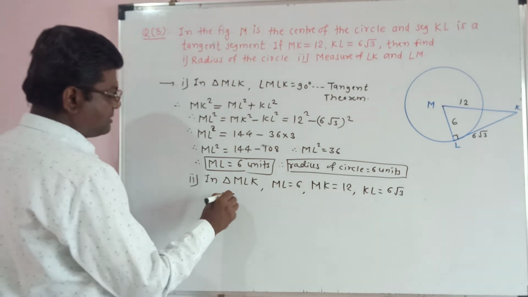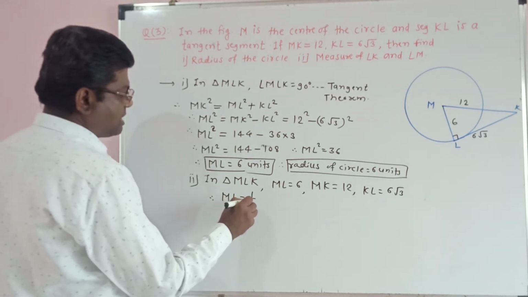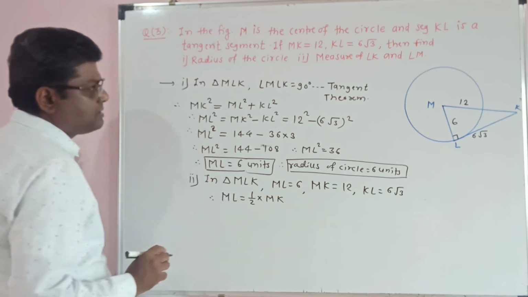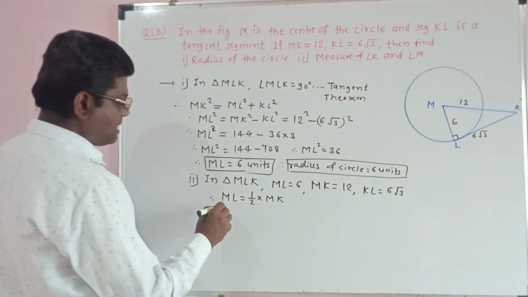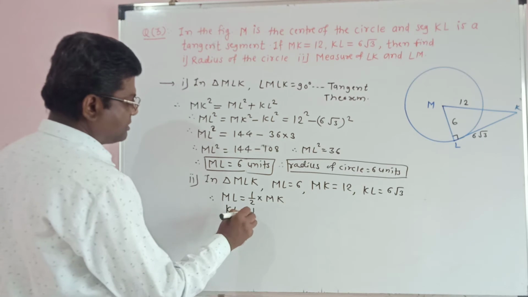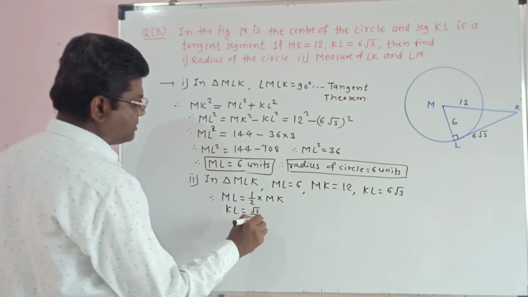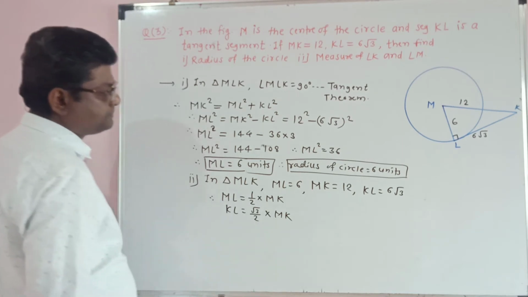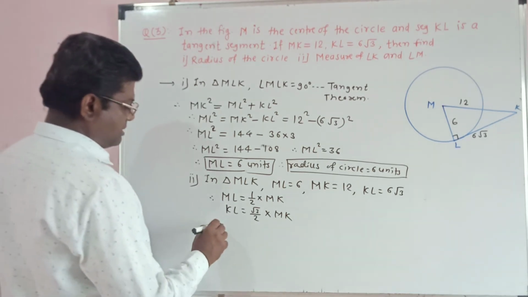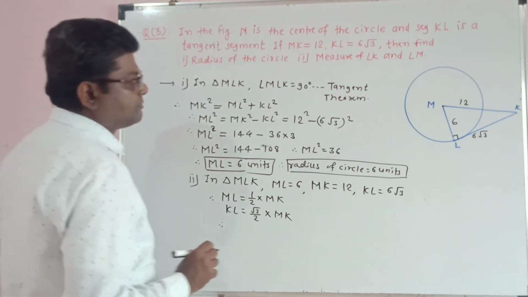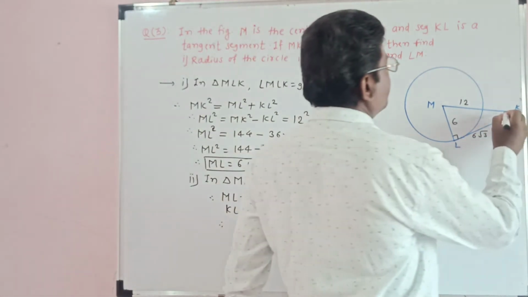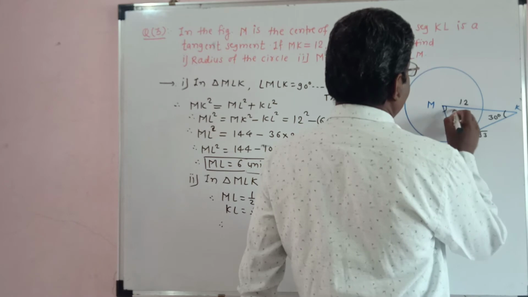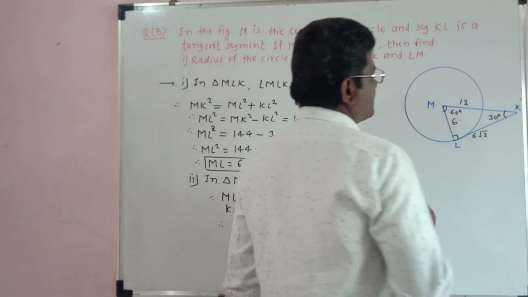Therefore ML is equal to half into MK and KL is equal to root 3 upon 2 into MK. Therefore this angle will be 30 degree and this angle will be 60 degree.